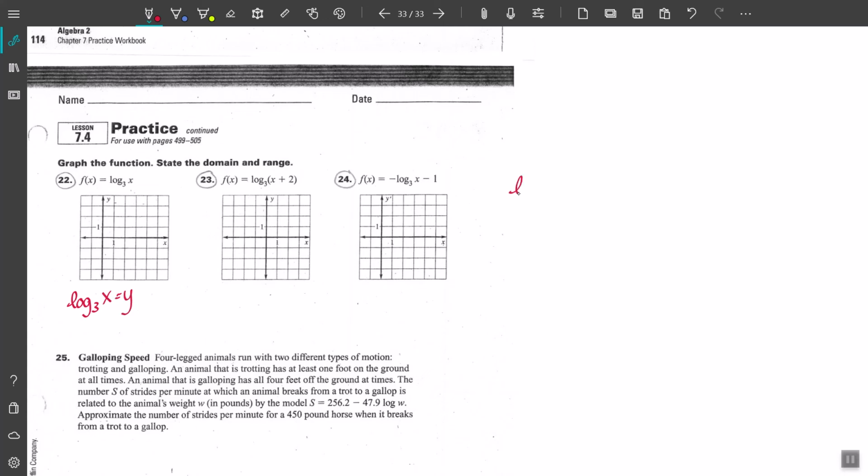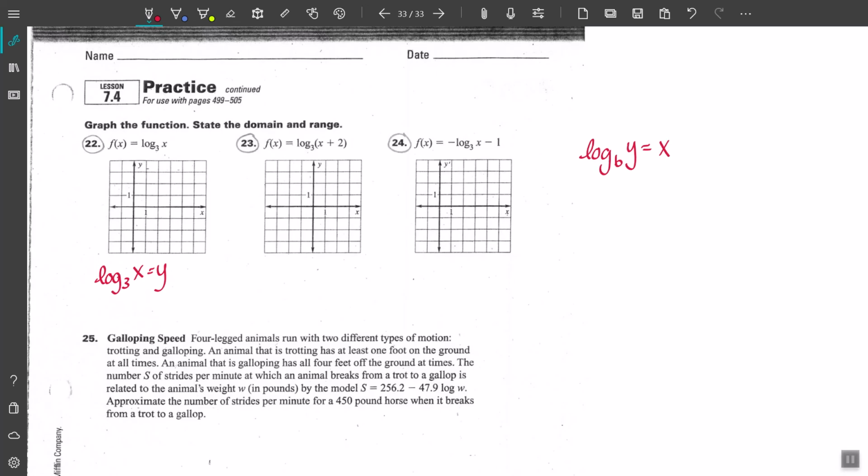So again, that form is log base b of y equals x. So if I come over here, I can see, in my x, and then let me write our exponential form out here as well again. So again, log form, exponential form.